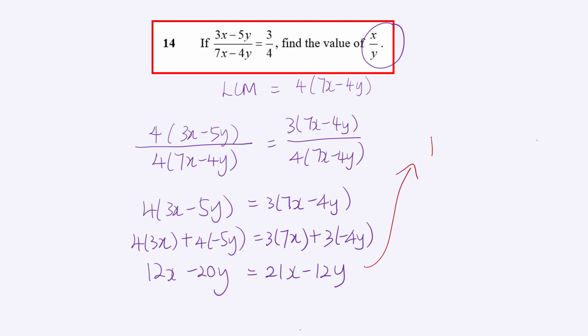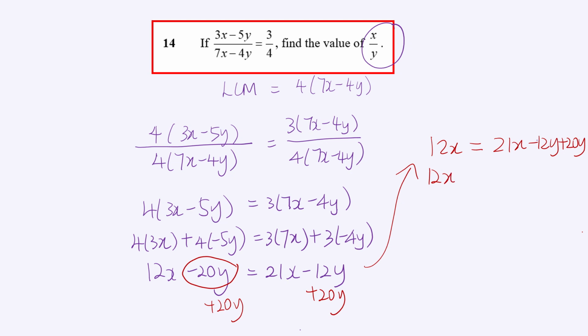All right, so I'm just going to get rid of this first. So I'm going to add 20y on both sides. So that gave me 12x equals to 21x minus 12y plus 20y. So that gave me 12x equals to 21x plus 8y. 20y minus 12y is 8y.